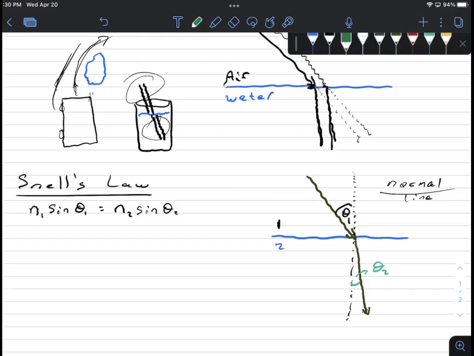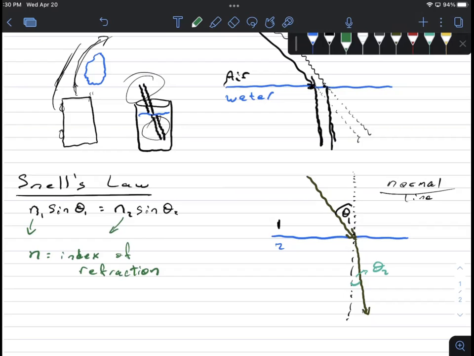Now, what about these Ns? I didn't talk about N. N is called the index of refraction. Very fancy name. This is basically the number that tells you what medium you're in. Okay, so air has a certain index of refraction.